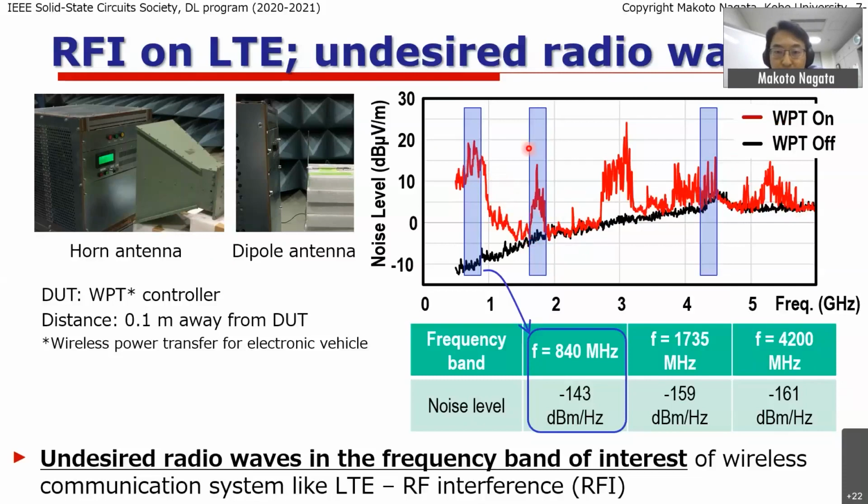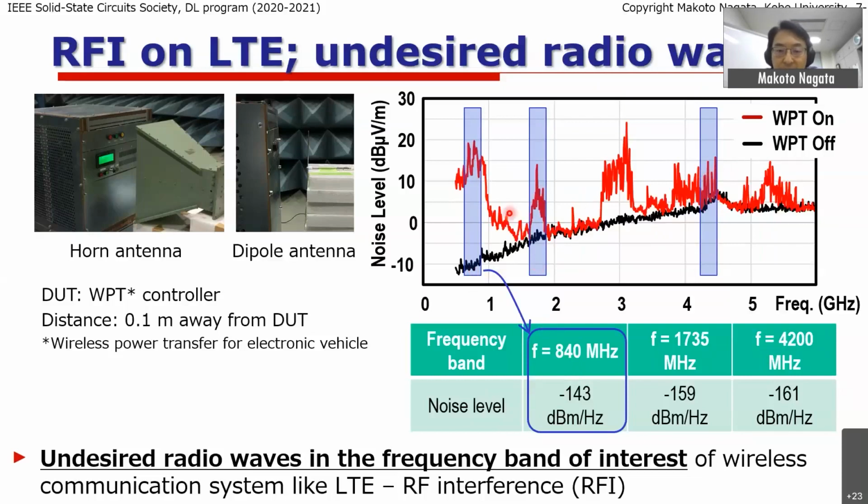And those blue areas are the frequency zones which the LTE system actually uses. For instance, the frequency zones of 840 megahertz, 1.7 gigahertz or even 4.2 gigahertz, depending on the nations or systems, but those three areas are often used by LTE systems.